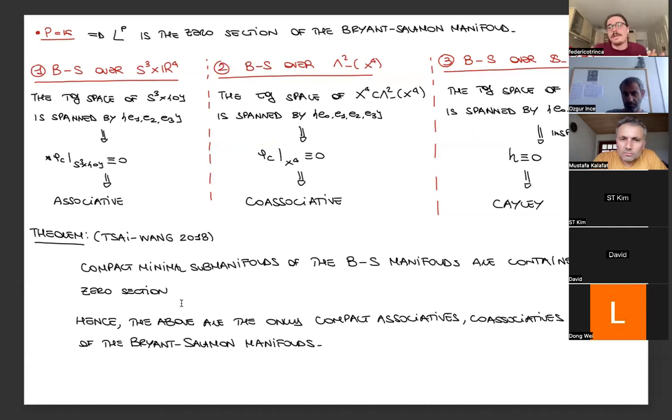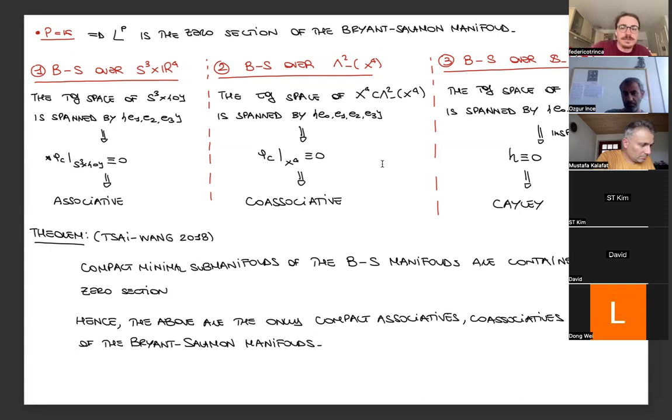The reason is that the distance function from the zero section is a convex function, and so if you're minimal, you have a barrier argument that tells you that you need to be contained in the zero section. So the consequence of such a theorem is that these are all the compact associatives, coassociatives, and Cayleys in the Bryant and Salamon manifolds. So if you're looking for other compact examples, you will fail.